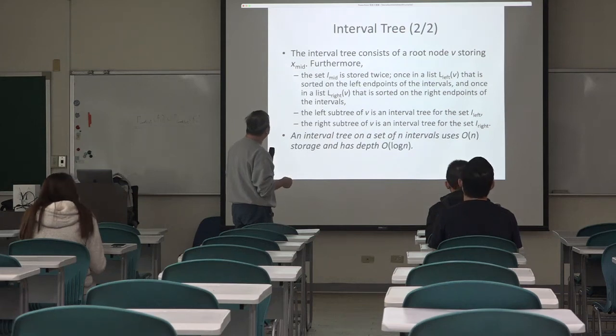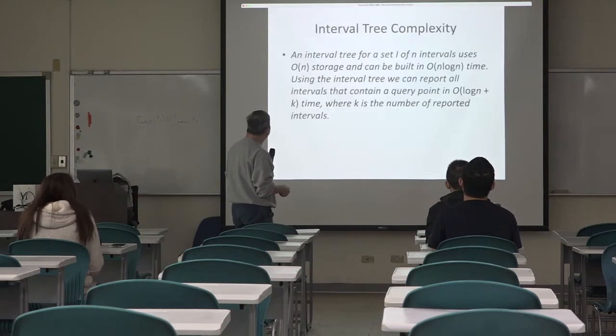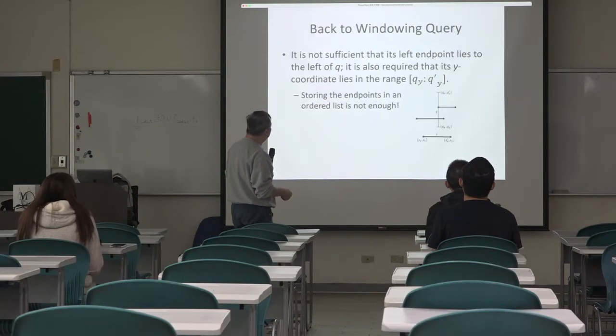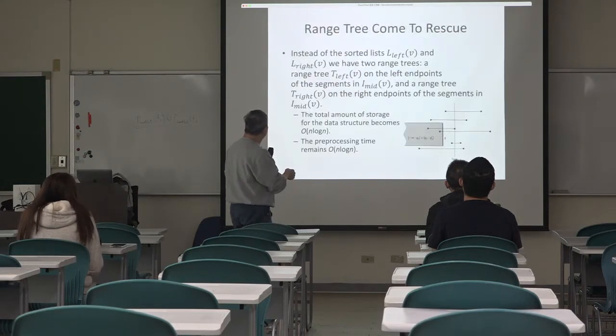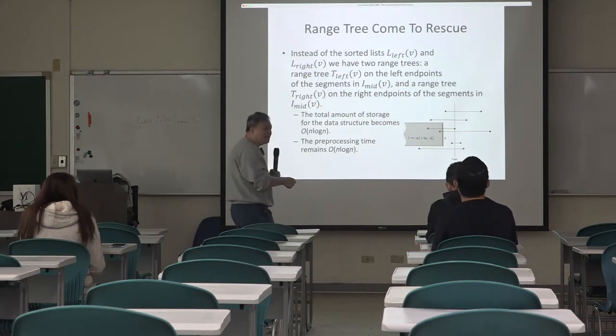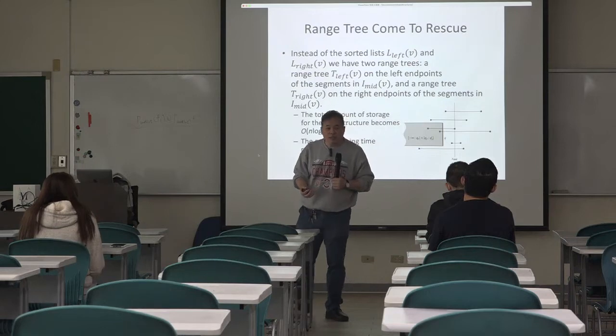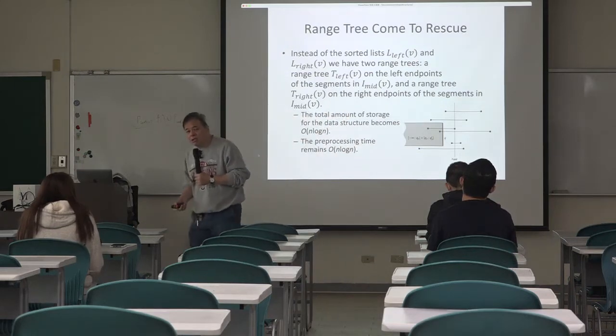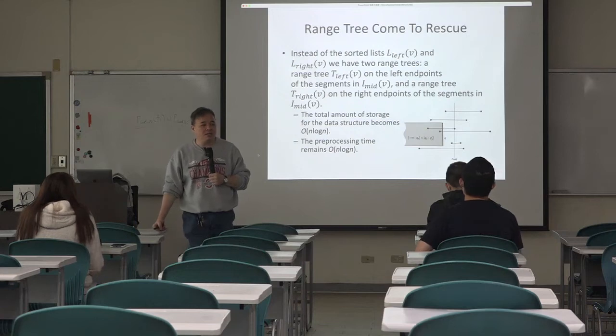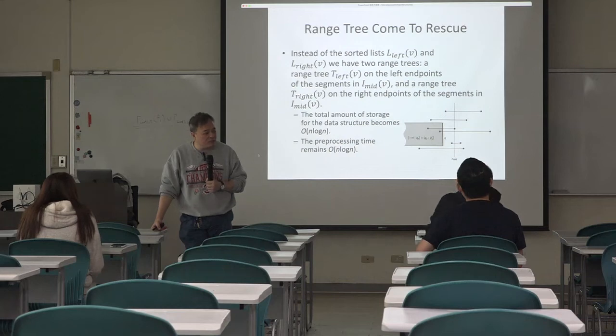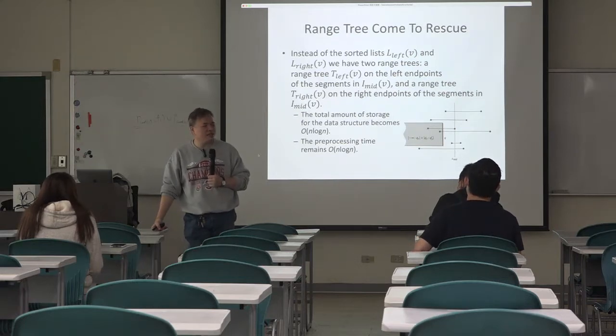Go back here. So the total amount of storage for the data structure becomes n log n. Why? Originally it's linear, but now why is it n log n? Because we store it in the range tree. If you still remember, in the range tree we use more space in exchange for faster queries, and you can check out the discussion in that chapter.